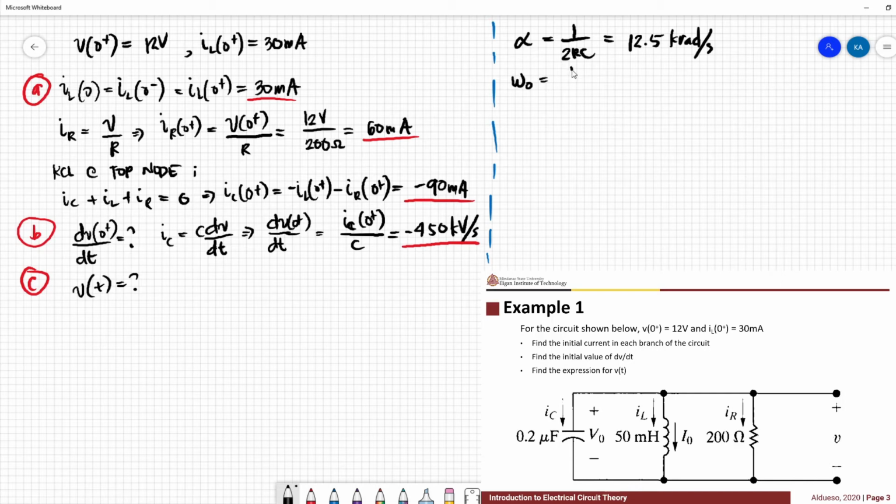Resonant frequency is 1 over square root of LC, equal to 10,000 rad per second or 10 krad per second. Now since alpha is greater than omega, the circuit is overdamped.